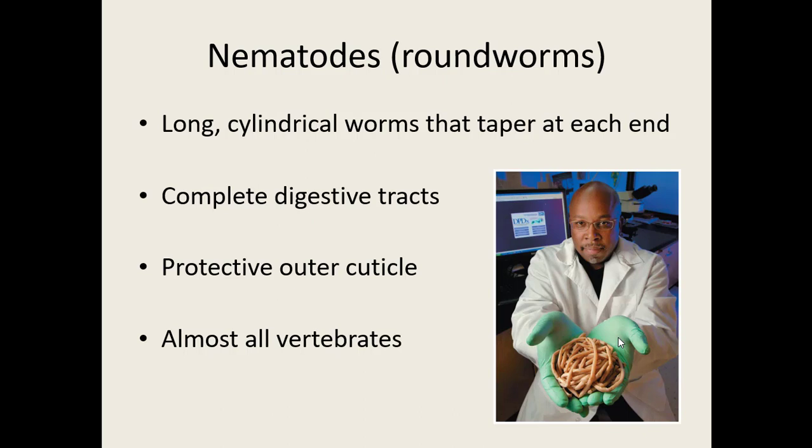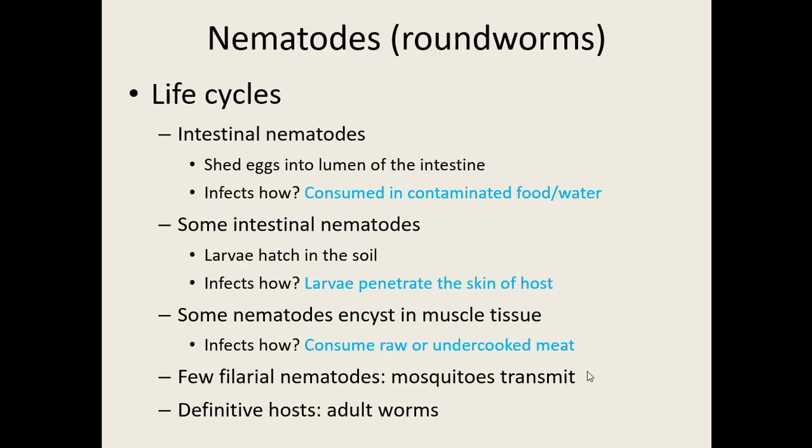Now, this particular one, this big old handful, we're going to talk about that one, is one of our first ones. Now, there are different ways that you can pick up a roundworm because they've got different life cycles. Intestinal nematodes shed all of their eggs into the intestine itself, and we pick it up by consuming contaminated food or water, aka you eat fecal matter.